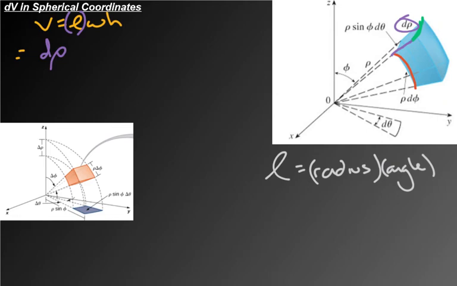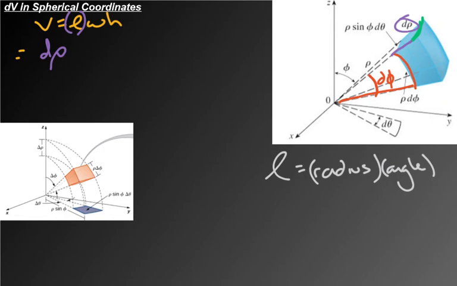So let's do the red one next. The red one's probably the next easiest one. This angle in here, right? That angle is d phi, okay? And the radius is rho, right?